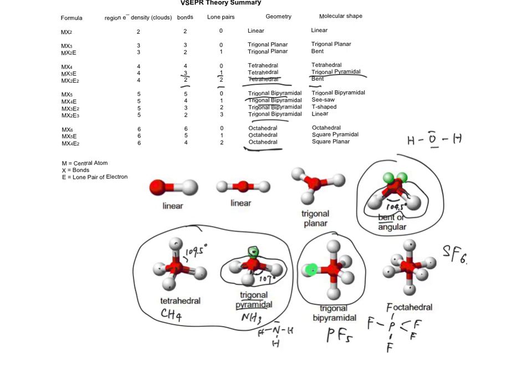one of what we call the equatorial positions will be turned into a lone pair and invisible. And if this part is invisible, now what you see, remember, you cannot see lone pairs.